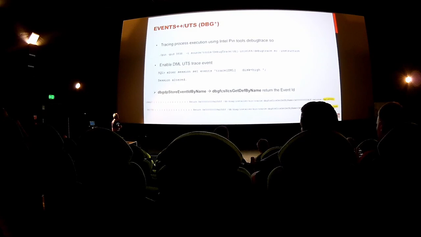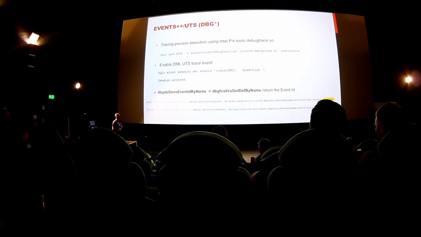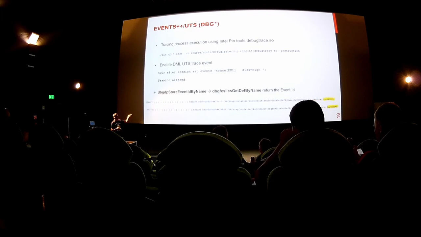The function store event ID by name, which calls the function get definition by name. Whenever we enable any event plus plus event in the database, this function is called and returns the actual event ID.